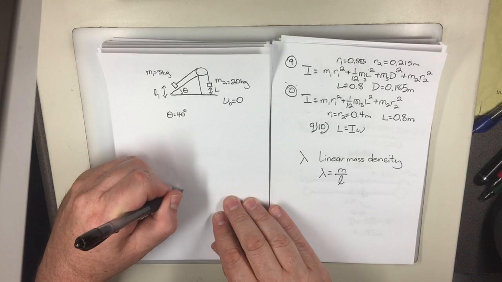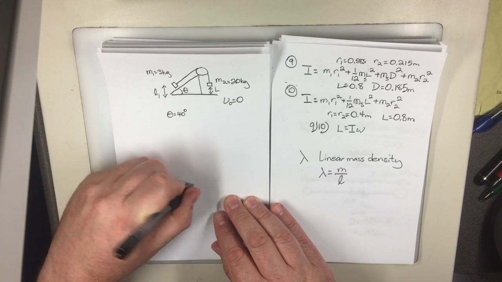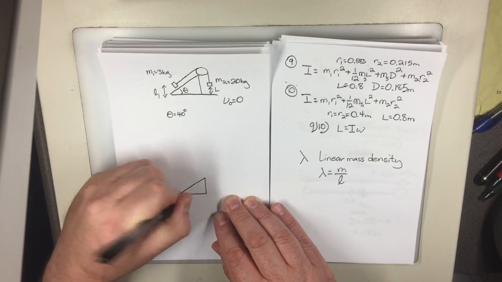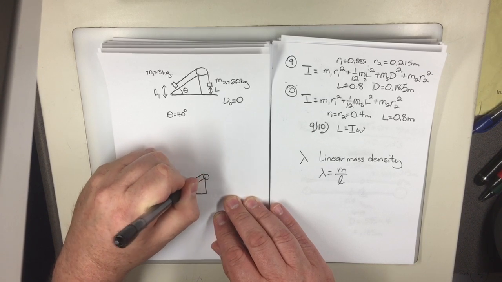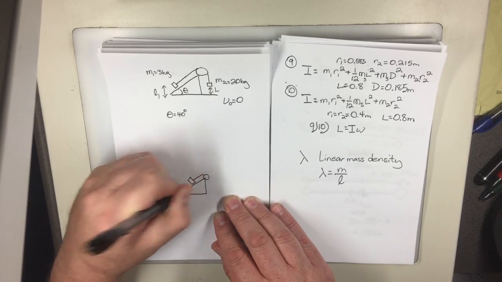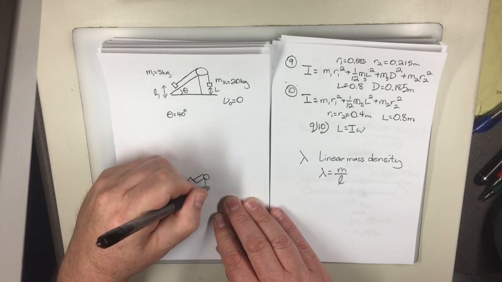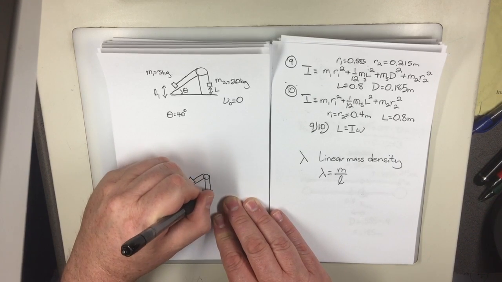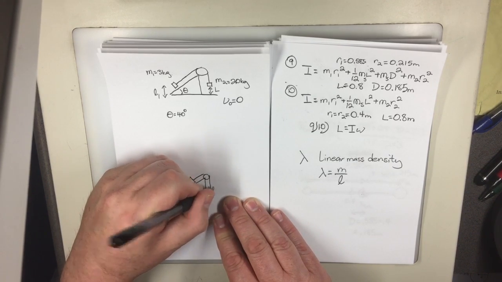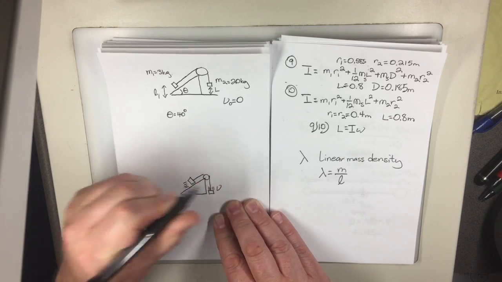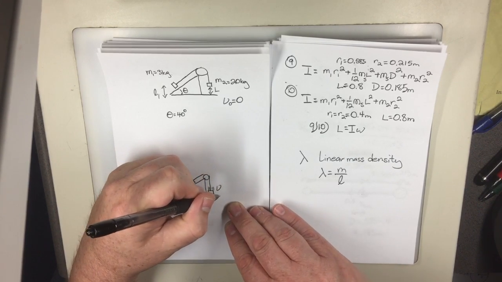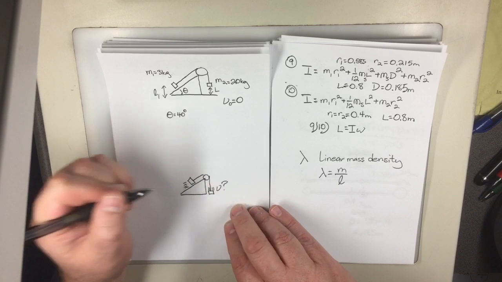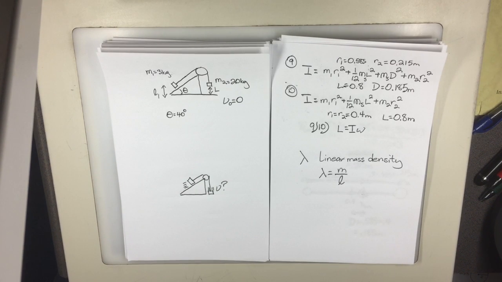At the end of the motion, that one is moving with the velocity v. That one is also moving with the velocity v. The question is, I want to find that final velocity.